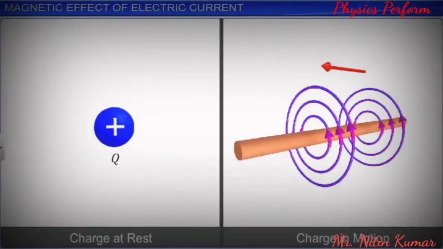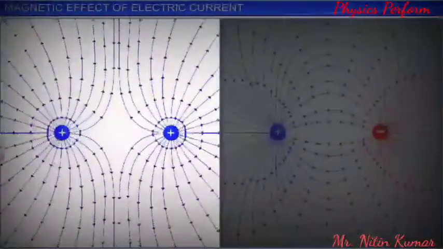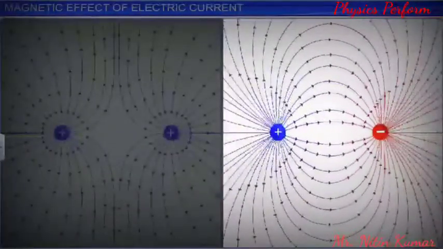Now, let us see how a charge at rest produces only an electric field, and a charge in motion produces both an electric field and a magnetic field. We know that like charges repel each other, and unlike charges attract each other.